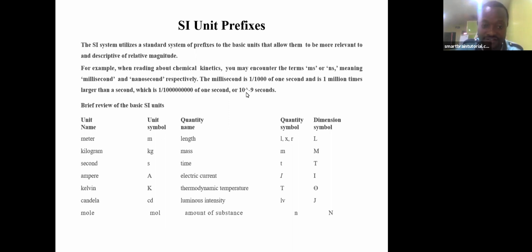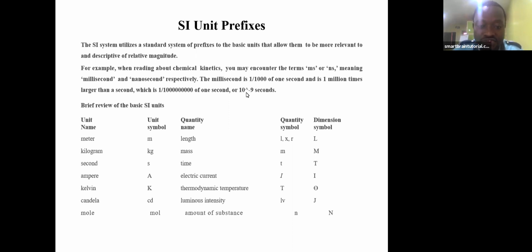Then the second is the unit for measuring time, the standard unit of time. It is abbreviated small s. The quantity measured is time. The quantity symbol is small t, and the dimension, which is the symbol used to derive a mathematical equation for it, is capital T. Next, we have the ampere.